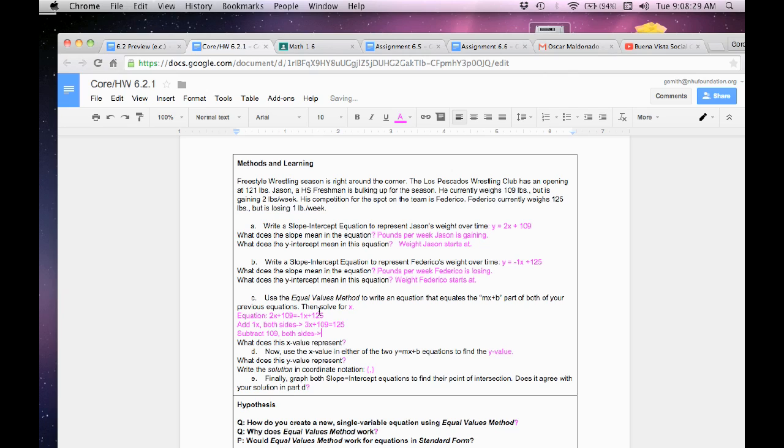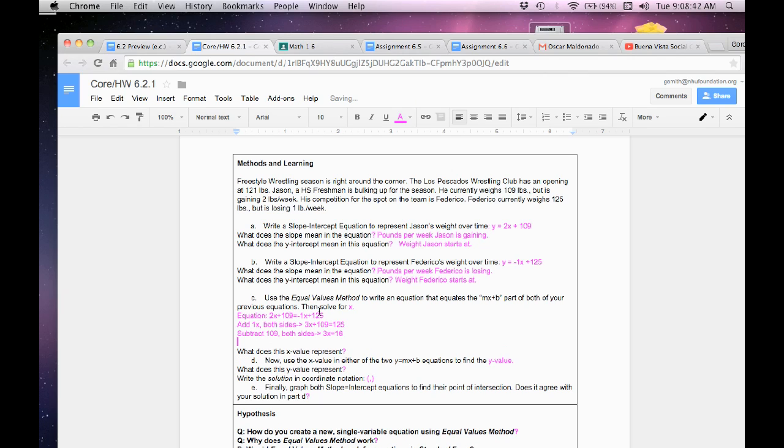And what that will get us is 3x is equal to 125 minus 109, which is 16. Then we'll divide both sides by 3. And what that will get us is x equals 5.333.